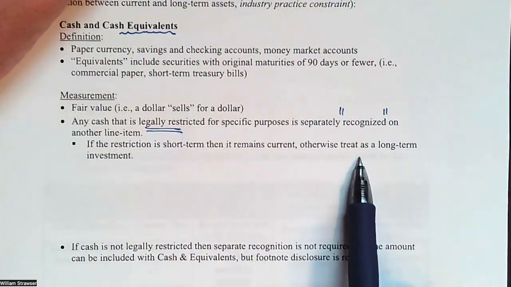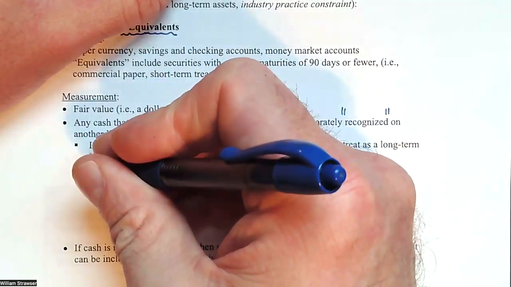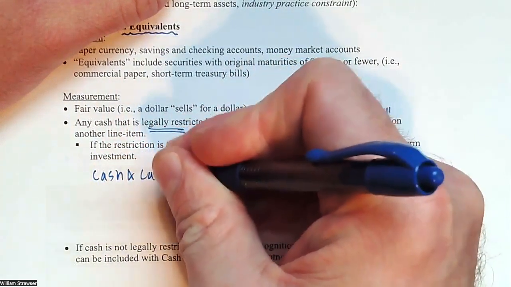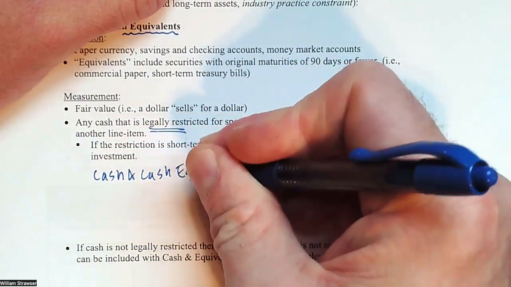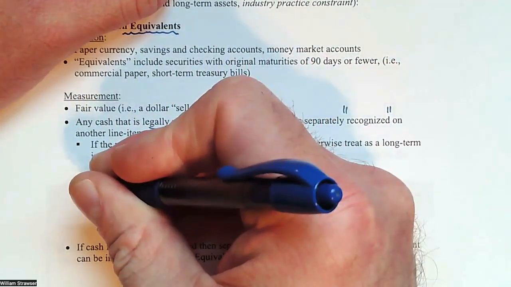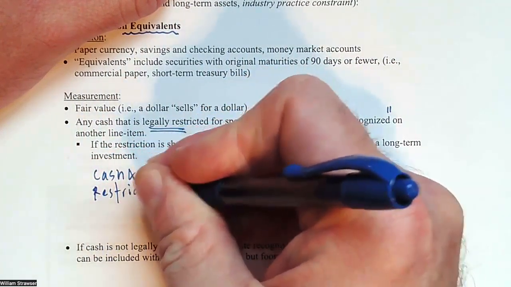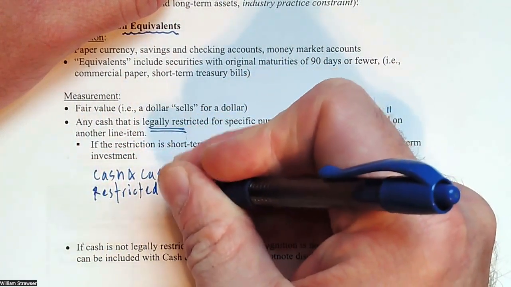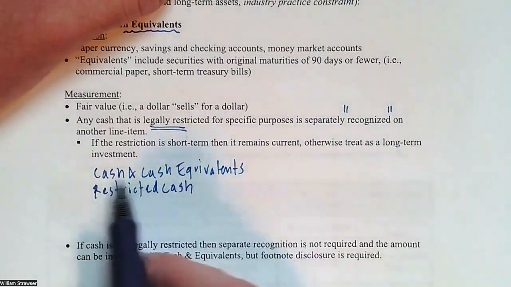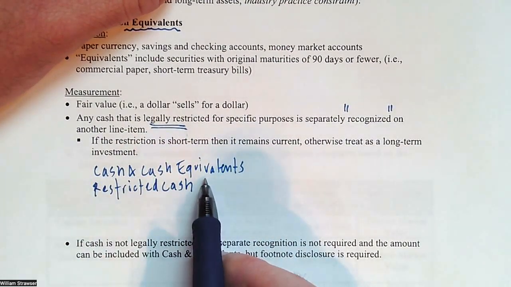If the restriction is short term, then it's going to remain current. So we'll see something along the lines of that second line item being created, cash and cash equivalents for an amount of money. And then right below that, if it's short term, if it's going to expire within a year, well, it's not cash and cash equivalents, because cash and cash equivalents flags to a financial statement user, hey, this is cash I could spend whenever I want.